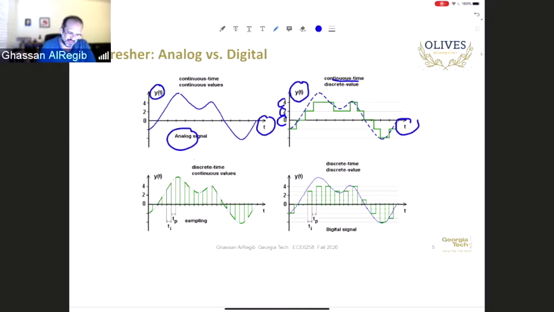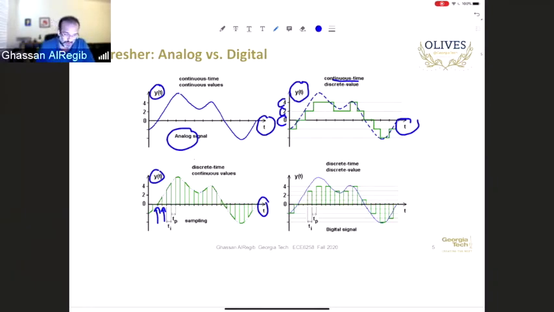And then in here we have the time axis, which can only take discrete values, and you can see those pointed out here. However, the signal y of t on the y-axis can have continuous values.